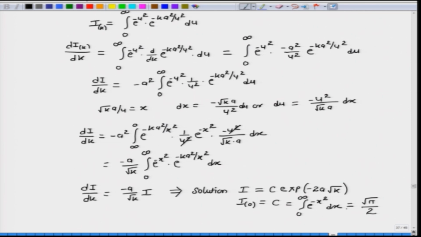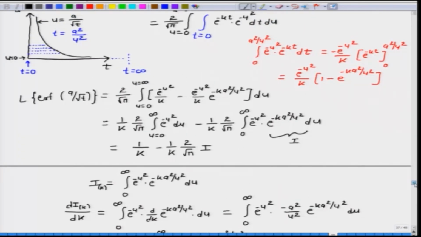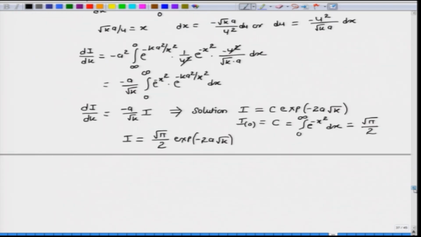So, c is root pi by 2 and the solution for I becomes I is equal to root pi by 2 exponential minus 2a root k. So, we have now got the value of I. So, if we substitute back in this equation here, 1 over k minus 1 by k 2 over root pi times I, and I is nothing but root pi by 2 exponential minus 2a root k.